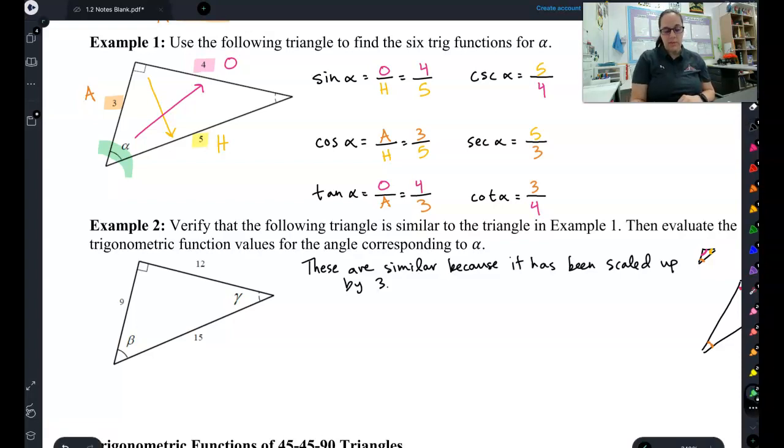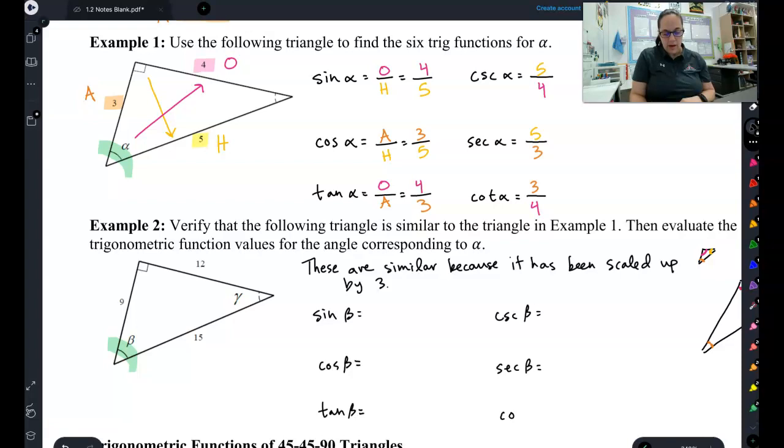Now, this time I actually have a mistake here. You're supposed to focus on angle beta. That's the angle I want you to focus on. So I want sine of beta, cosine of beta, tangent of beta, cosecant of beta, secant of beta, and cotangent of beta. And get fractions.